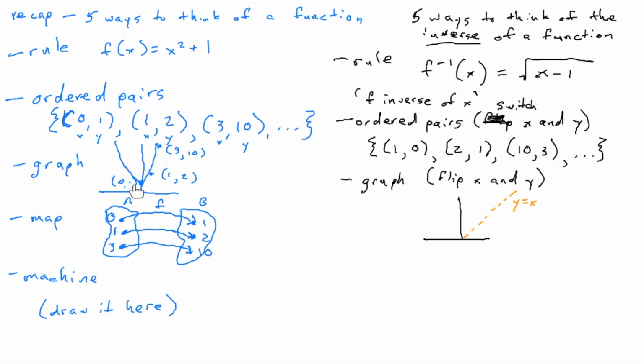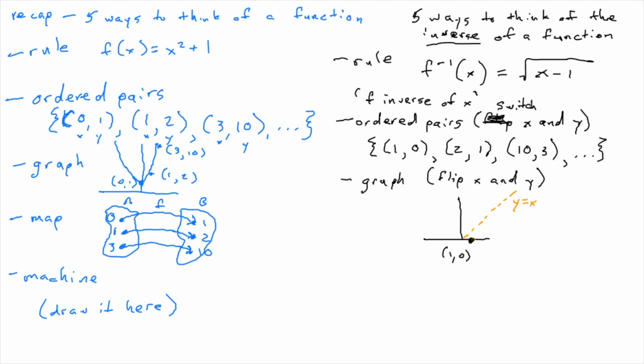Well, it's going to flip over the line. Imagine your imaginary line there, and it becomes 1, 0. And similarly, 1, 2 becomes 2, 1. So it's flipping over this line that you can't see there. And 3, 10 becomes 10, 3. It flips over that line. And so we get a shape. It was 0, 1, and now it's 1, 0.